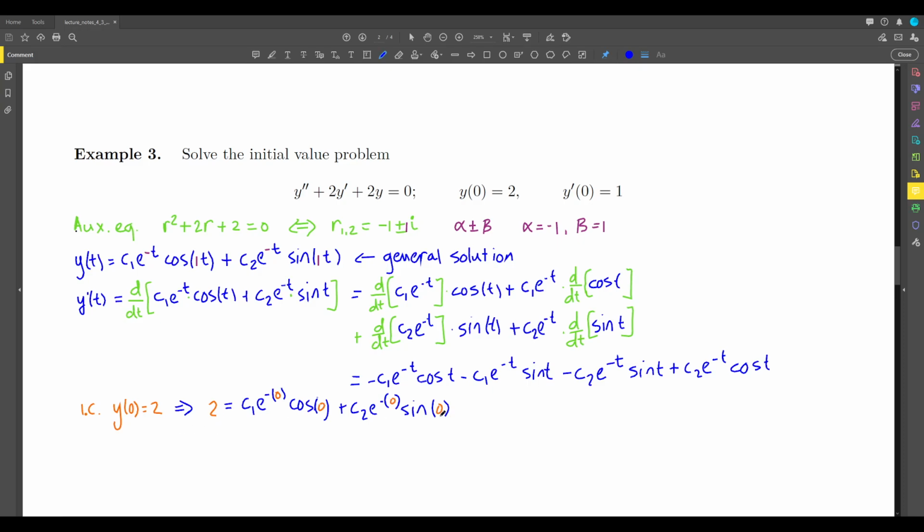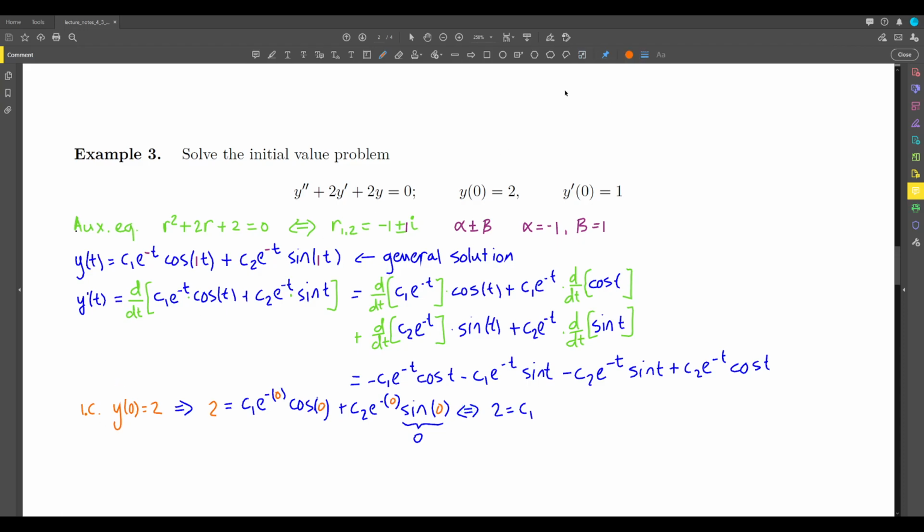Now, when you plug that in, the nice thing is that sine of 0 is 0. So the C2 disappears and we're just left with C1 times 1 is 2. So we have 2 equals C1, and we already have C1.